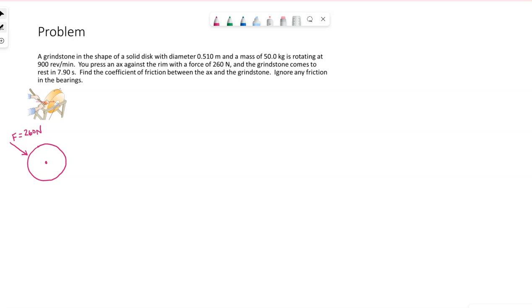That's not the only force acting on the grindstone. The grindstone itself has a force of gravity, and we would draw that acting in the geometric center of the stone. There would be some sort of normal force from the axle that goes in here through the rotation axis that they've drawn.